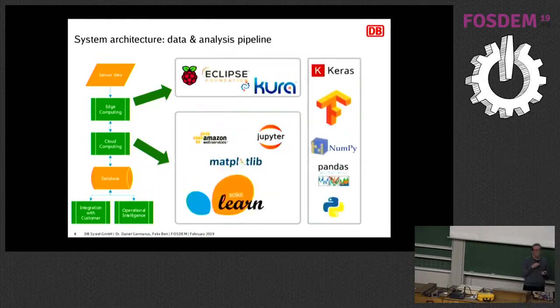On the data analysis pipeline part, we do predictions in the field, also in the Kura framework. We train our models in the backend on the cloud side using TensorFlow and Keras. And we also use a couple of more technologies which might be pretty familiar to you.